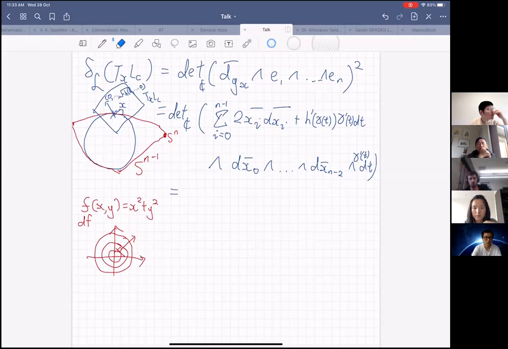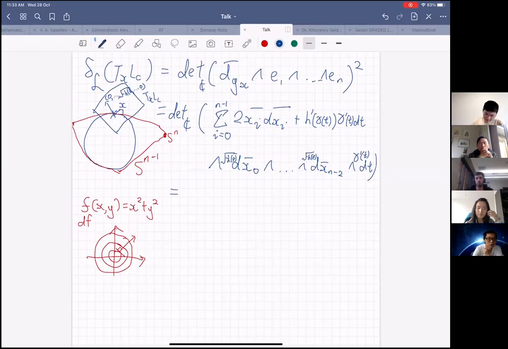So you're saying there's a scalar in front? Yeah. For each. Yeah, that's what I mean. Since your Sn-1 is lying in the real n space spanned by negative. Oh, okay. I think I get what you mean.